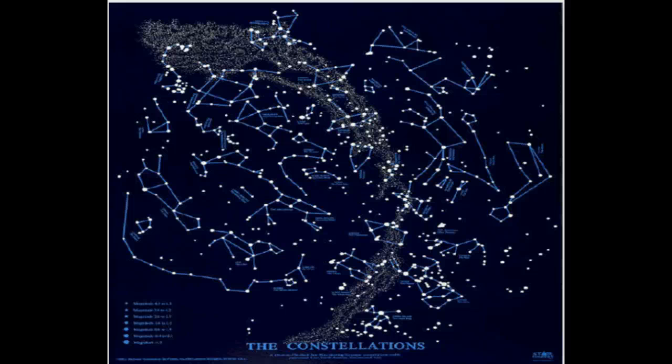Now let's blow your mind a bit, as if we haven't already. Our galaxy has 200 billion stars, right? And since scientists estimate there are at least 50 billion galaxies in the visible universe, write that down.